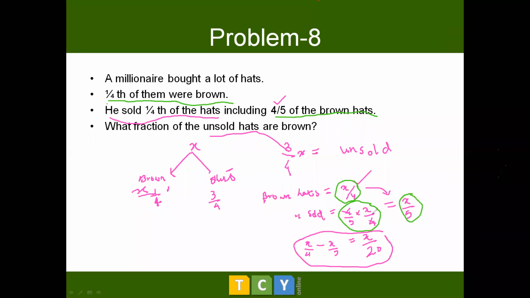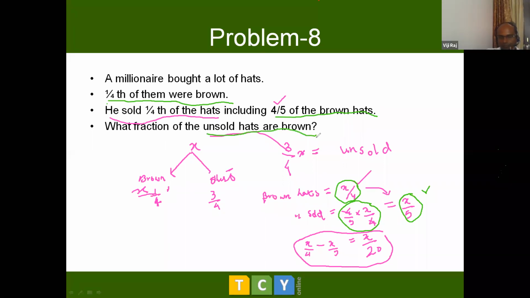You multiply both these together, 4/5 of x by 4 gives you x by 5. Now we have to find out what fraction of the unsold hats are brown. So we have to find the brown unsold hats.